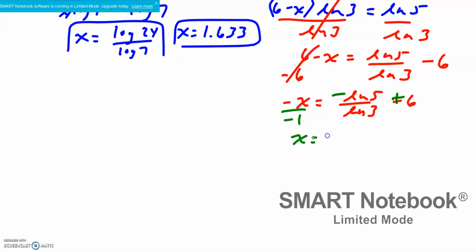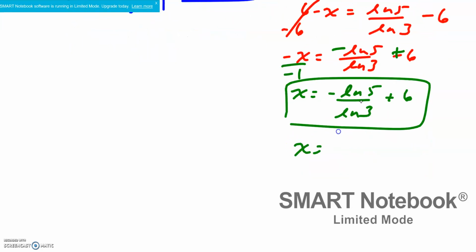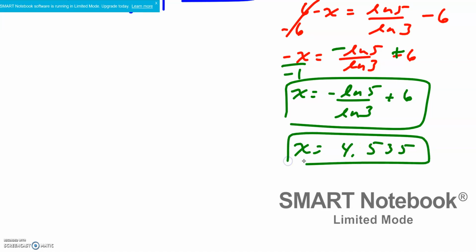So your answer in exact form would be negative ln of 5 over ln of 3 plus 6. This answer is completely acceptable. If you, however, would prefer a decimal because this looks too odd to you, you did negative this divided by this and added 6 in your calculator, your answer to the nearest thousandth would be 4.535. Feel free to check in your calculator as well.